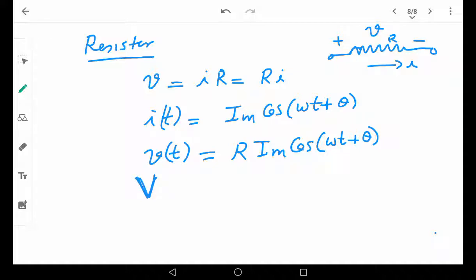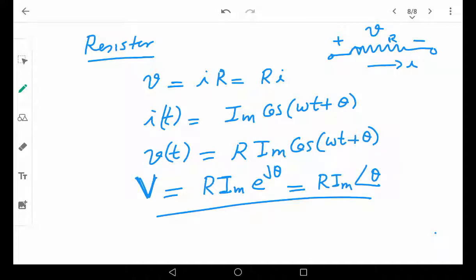The phasor for V is given as R into Im e raised to j theta, isn't it? So you can write it as R Im angle theta. That's a phasor rule.